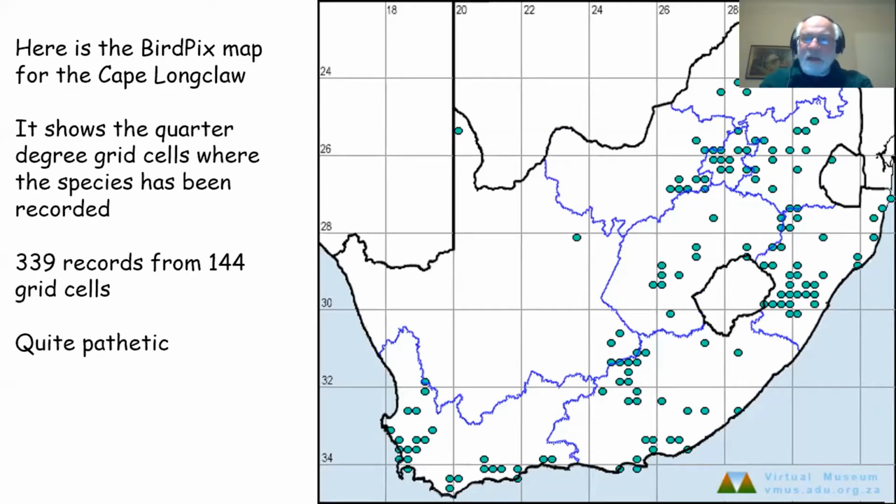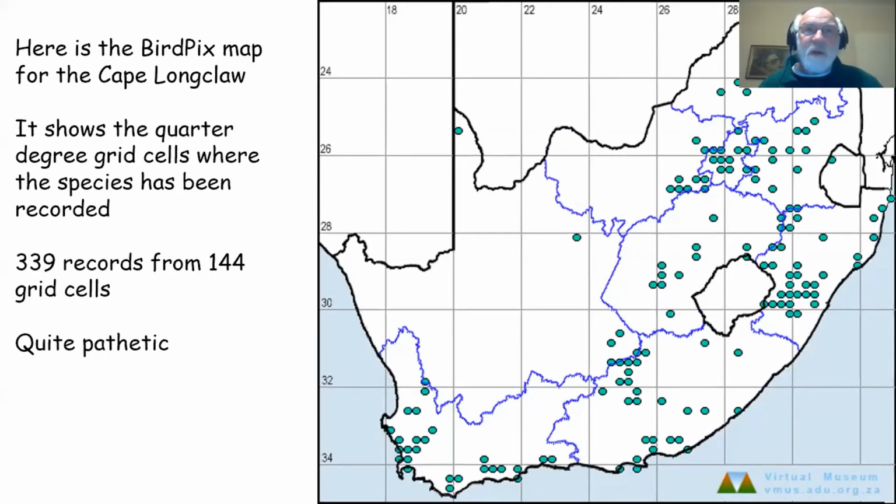So that's actually summarized as quite pathetic, and that's true of a huge amount of the data that we've collected, even for the bird atlas itself in areas outside of South Africa.